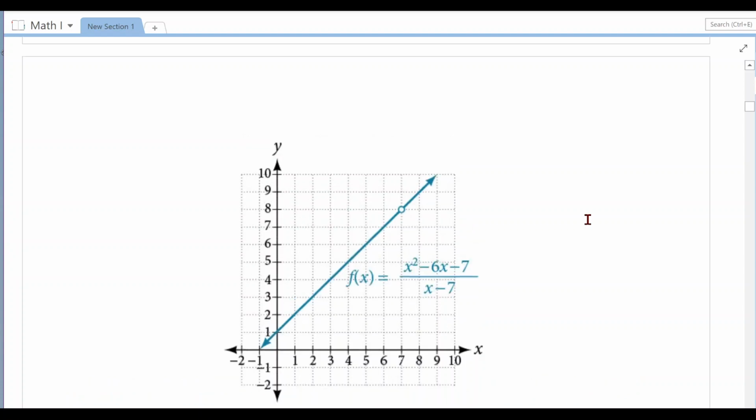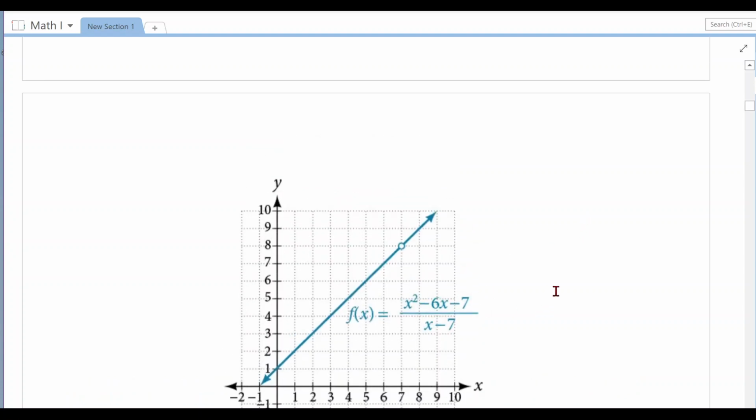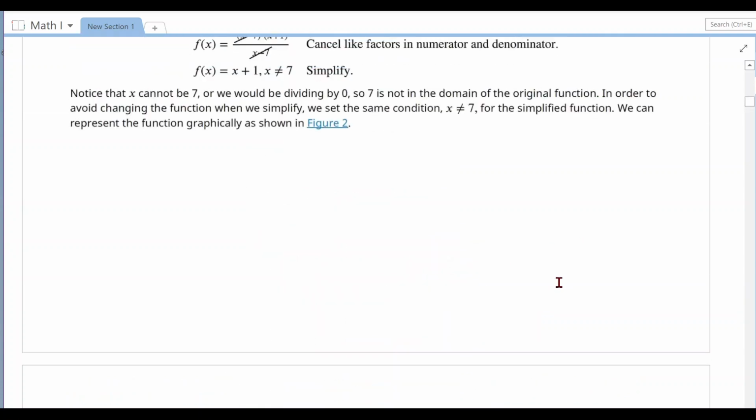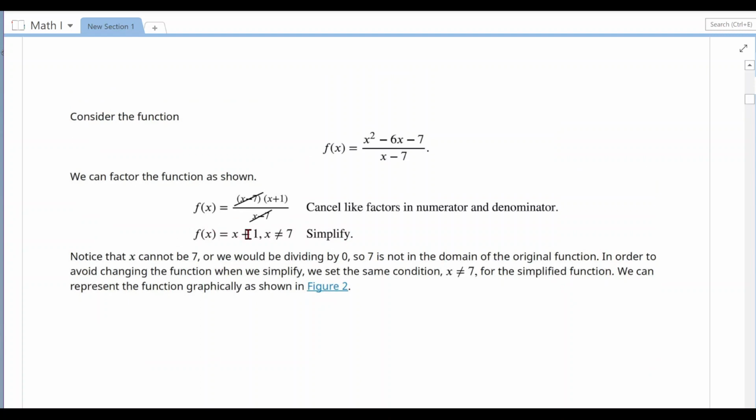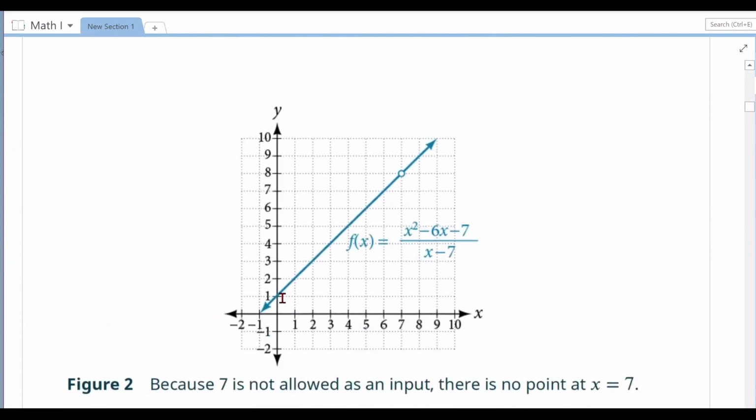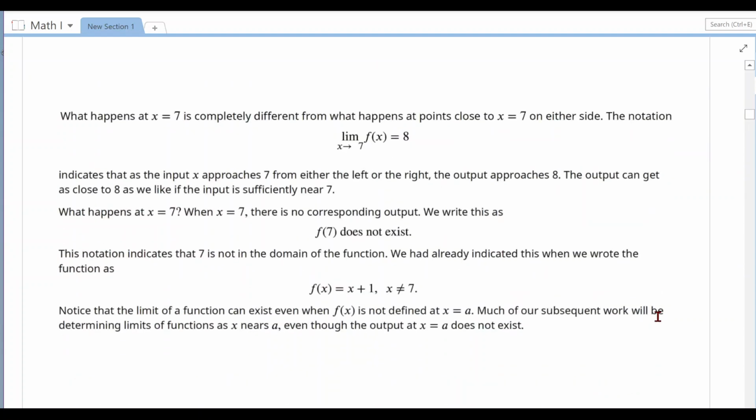So this is the line representing x plus 1 with the discontinuity at x equals 7 here. What happens at x equals 7 is completely different from what happens at points approaching or close to x equals 7 from both the left and right side.